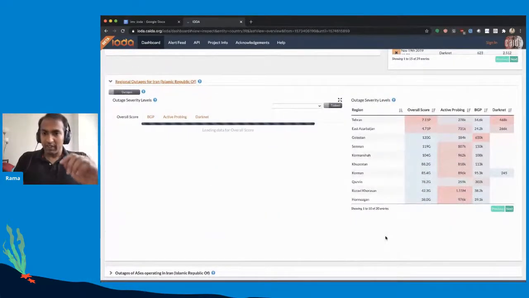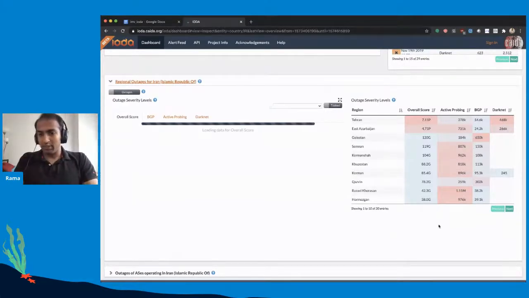Note, however, that we need to take these regional results with a pinch of salt. This is because identifying outages at the regional granularity, we rely on geolocation databases, such as NetAcuity and MaxMind. And these databases can sometimes have inaccuracies.